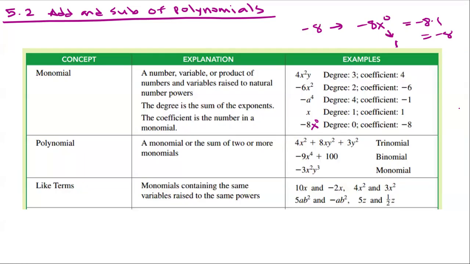And then the coefficient is just the number in front of the monomial. In this case, the coefficient here is 4. This one's negative 6, negative 1, number 1, and number negative 8.